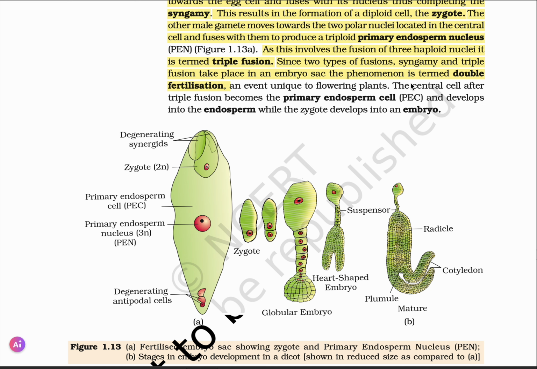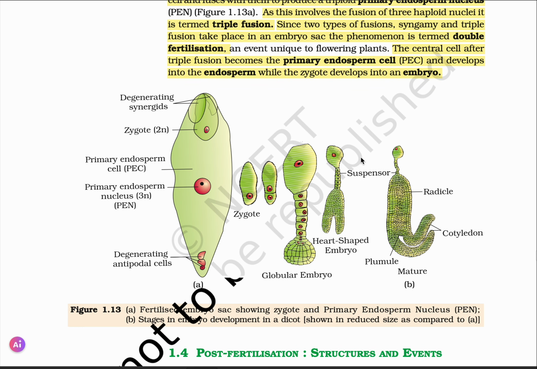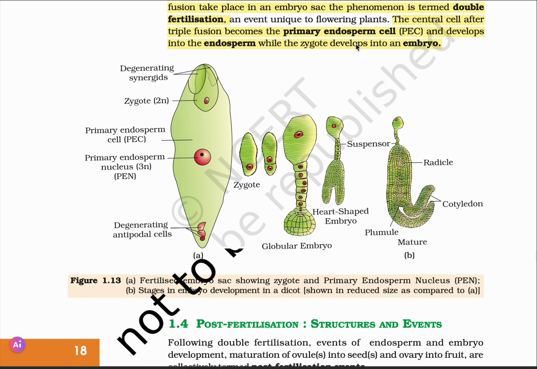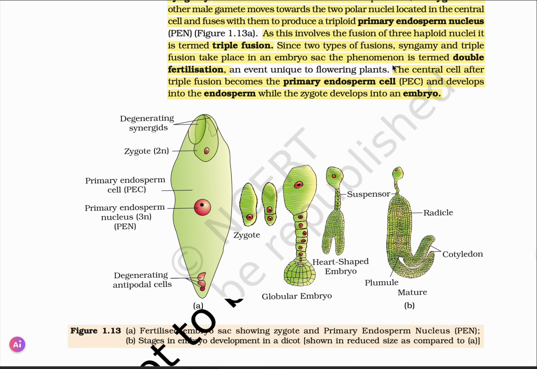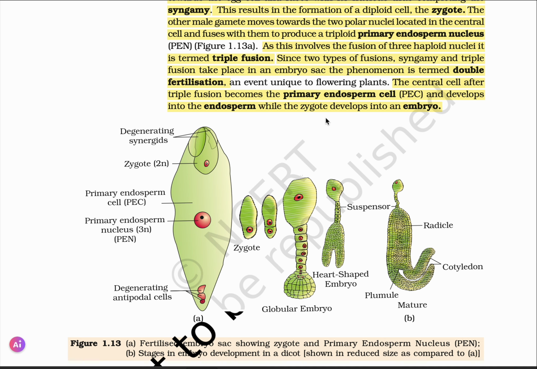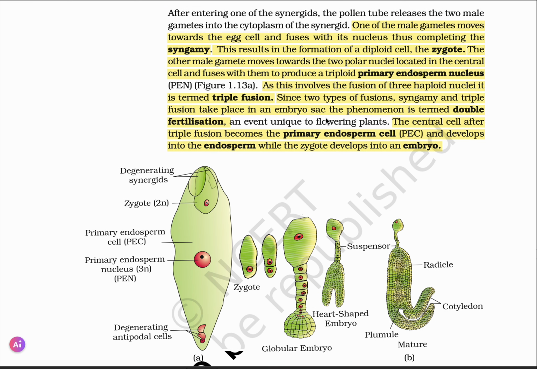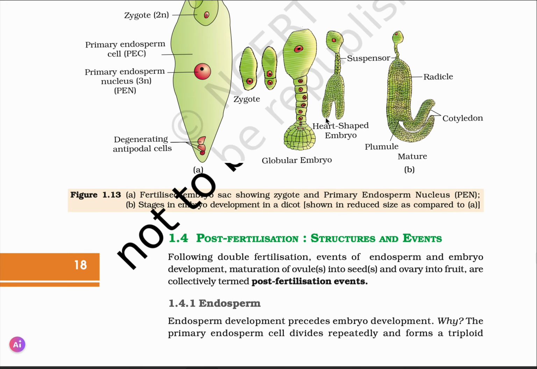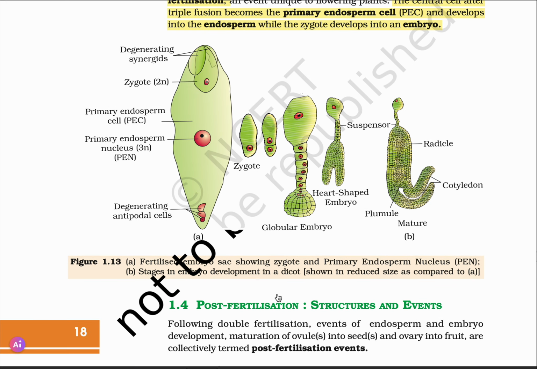The central cell after the triple fusion becomes the PEC, and the zygote later develops into the embryo. If the whole process needs to take place, first is the formation of PEN, then zygote, then PEN to PEC and endosperm, and then zygote to embryo. We need to remember this as well.